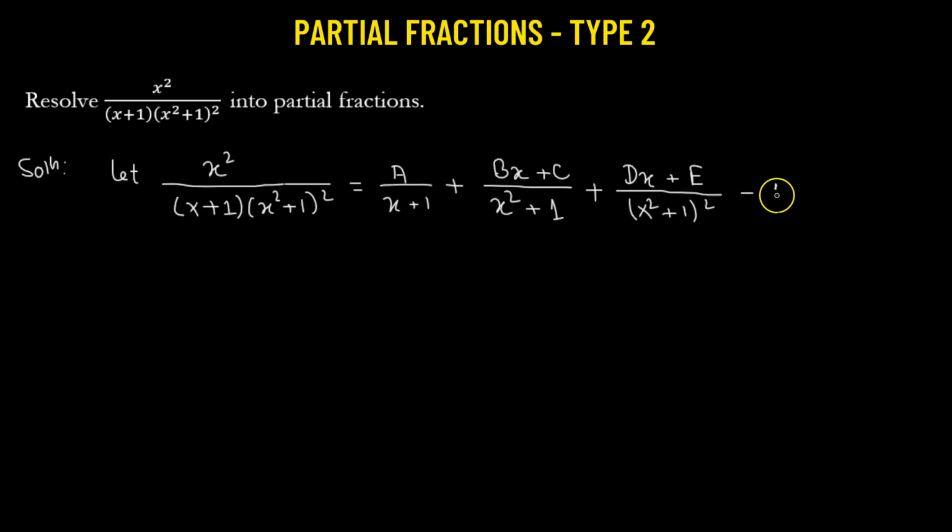So let's begin. We're going to label this as number 1. We'll take number 1 and multiply throughout with (x plus 1) times (x squared plus 1) whole squared.